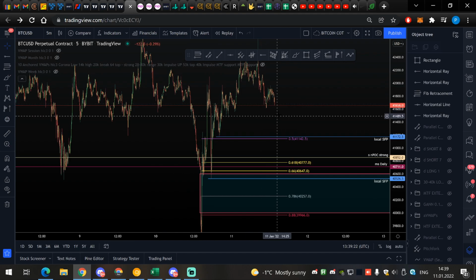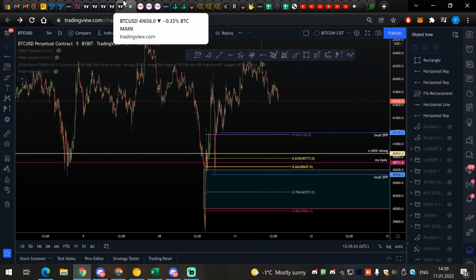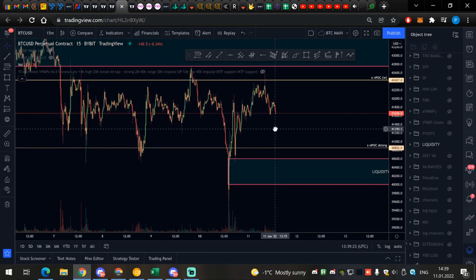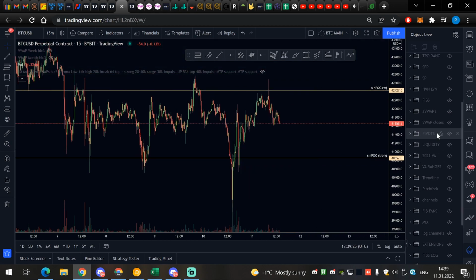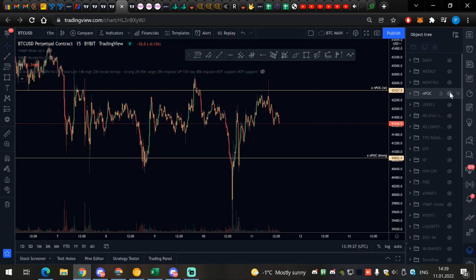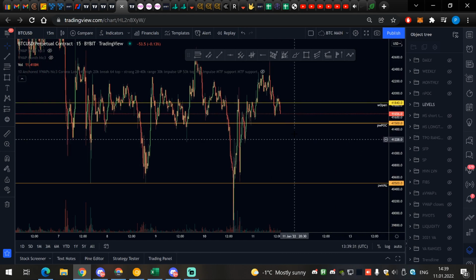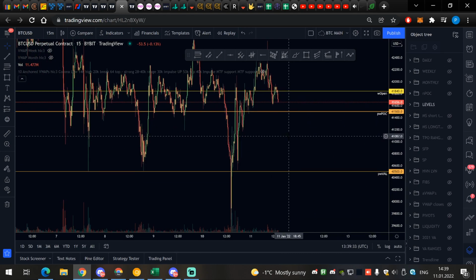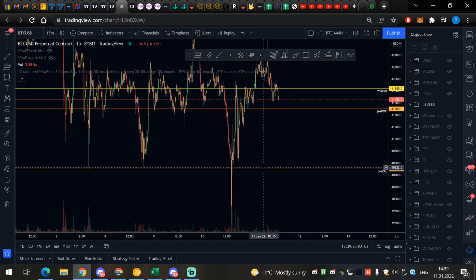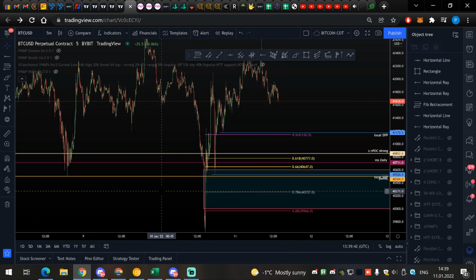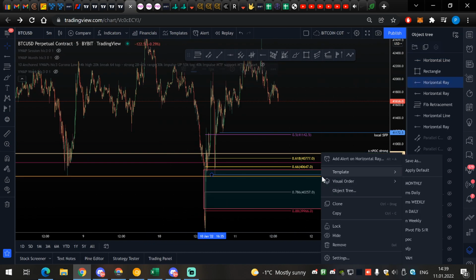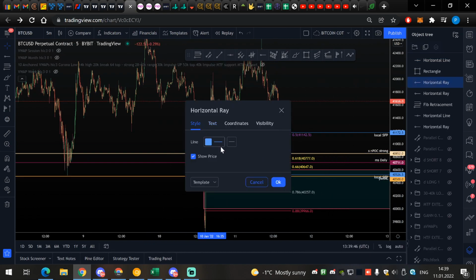Okay, great. Okay, let's go further. Yeah, weekly open also, we are losing it. Okay, we need previous week VAL also. So we can put it higher.